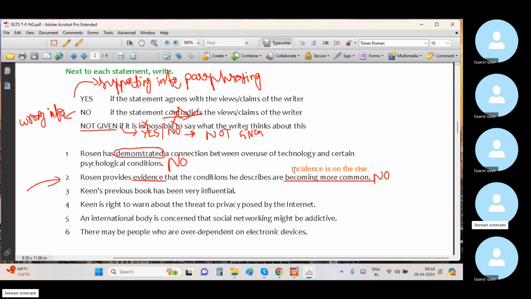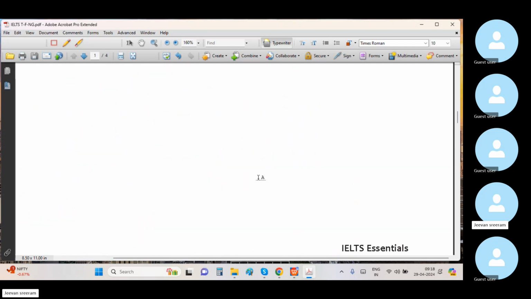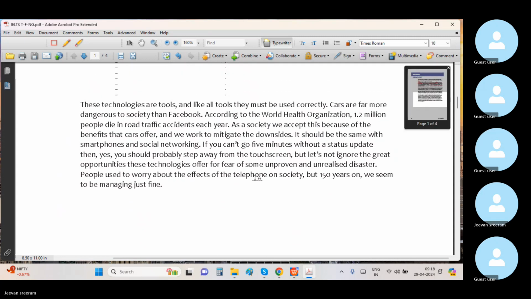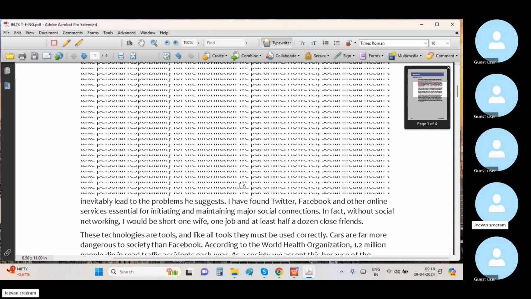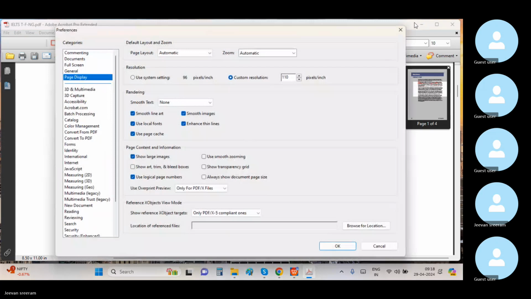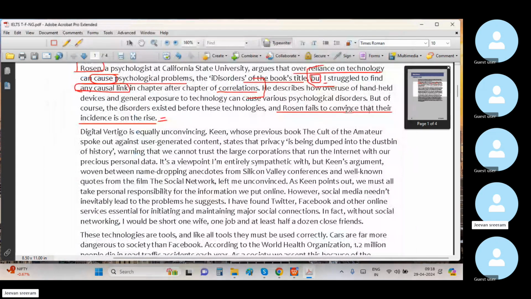As per the author, Rosen has not shown any evidence. The author clearly mentioned Rosen failed to prove, failed to convince that their incidence is on the rise. As per the author, this is the author's idea, right? What did the author say about Rosen?